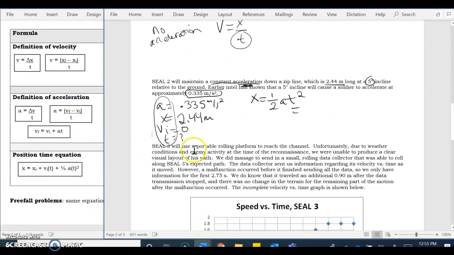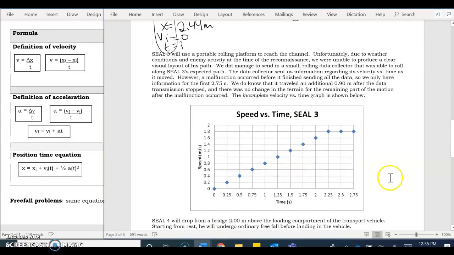SEAL number 3, he went over a little bit, I believe, in one of the classes. I don't know if he went over it in all of them, but in SEAL number 3, you have to use the graph to understand what he's doing. And so basically it says that we have information up to 2.75 seconds, but beyond that, we don't know how long he went. So from 0 to here, the 2.25, he had an acceleration.